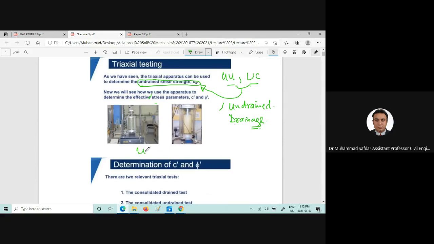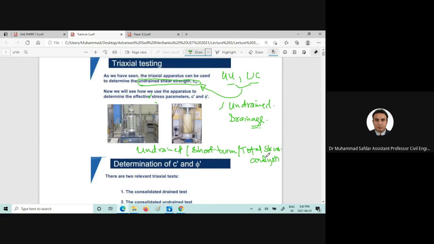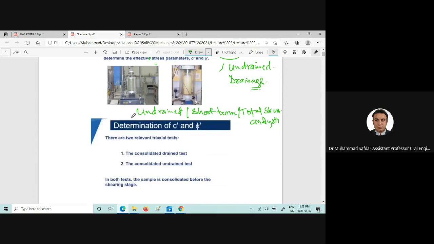Now, for undrained condition or the short-term condition, or we can also say the total stress analysis condition, these three names are used interchangeably for each other.